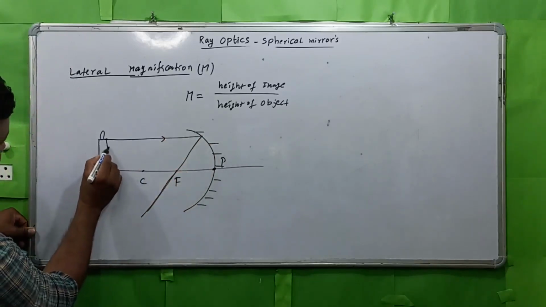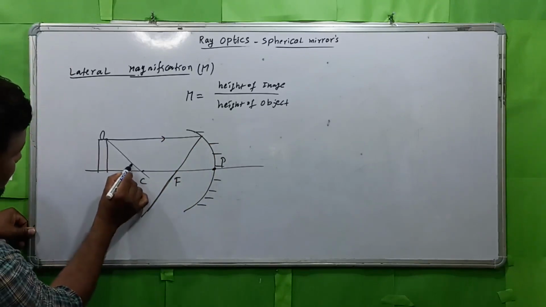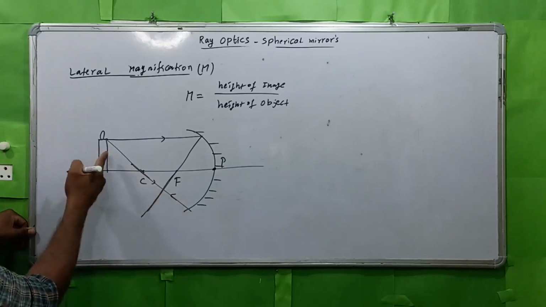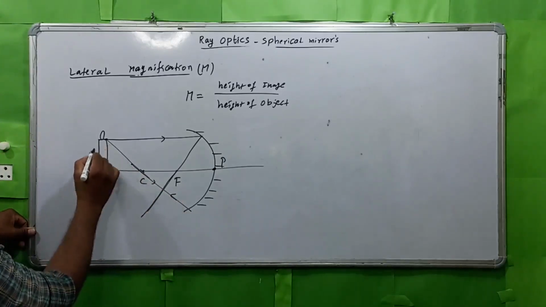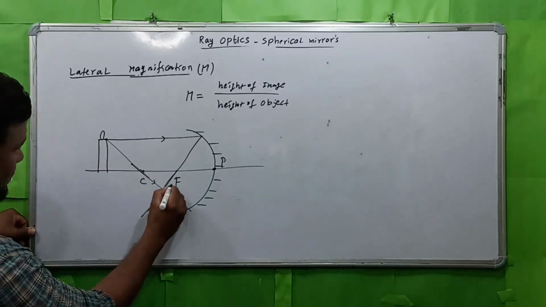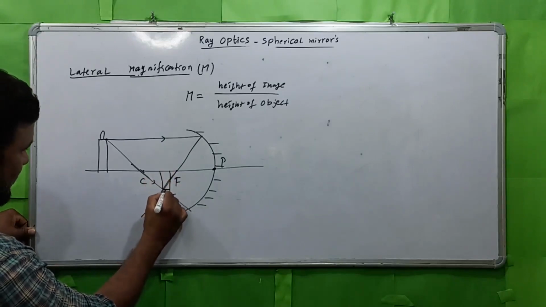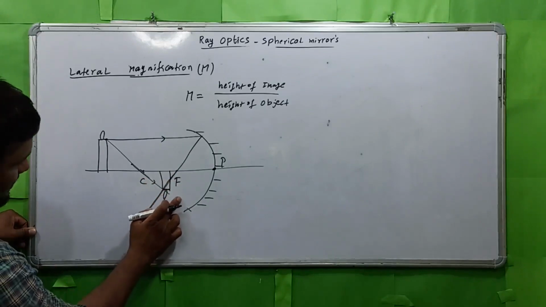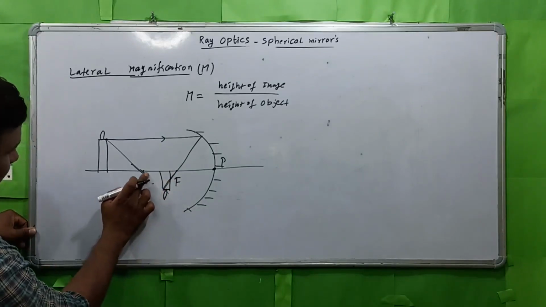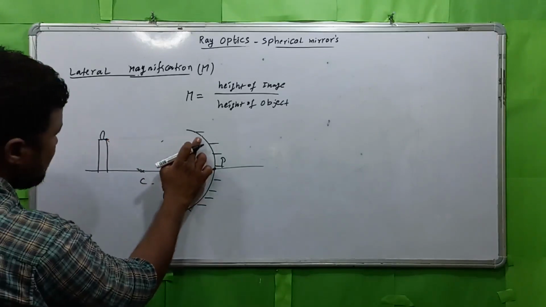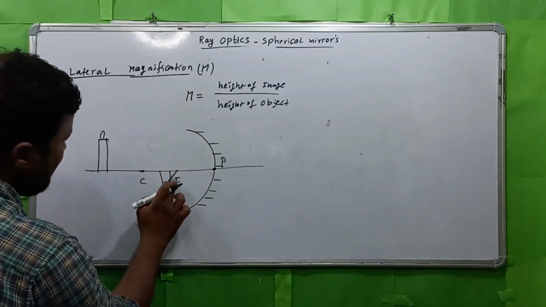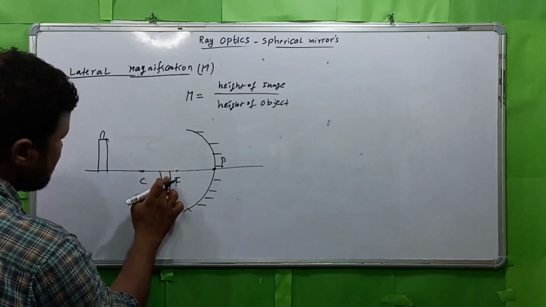A ray moving through center of curvature moves undeviated and retraces its own path like this. As a result, I got this edge here. So if you observe, I got the image here. To avoid confusion, I will delete these lines.